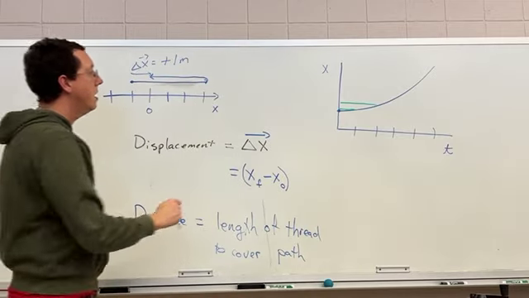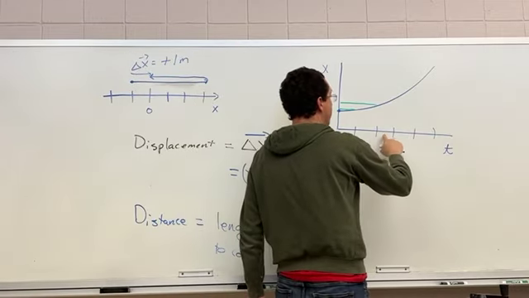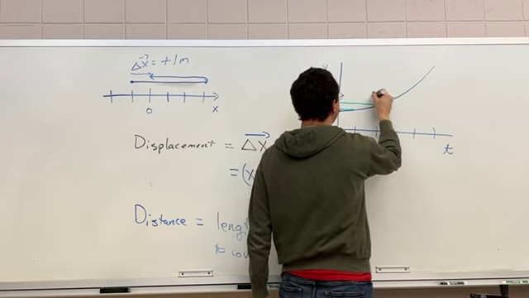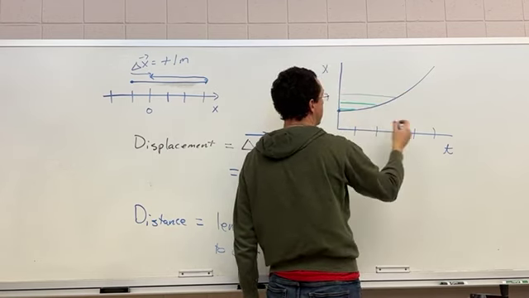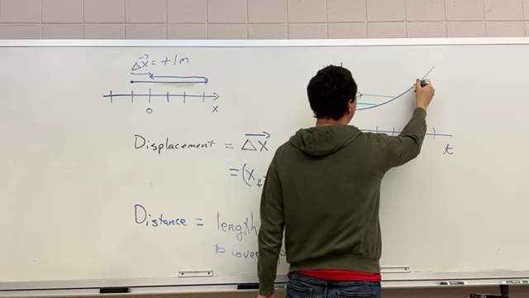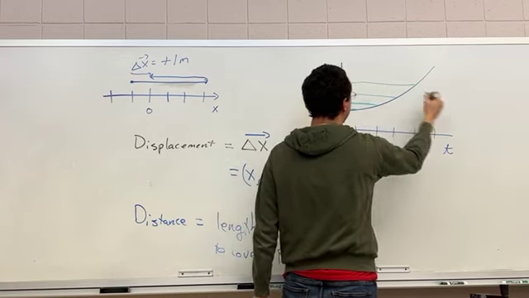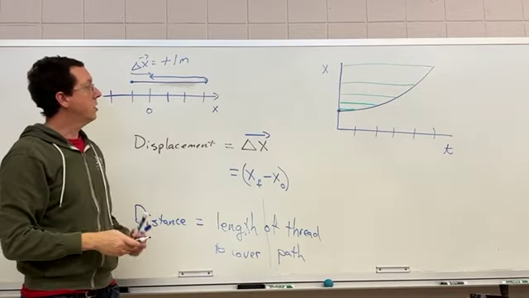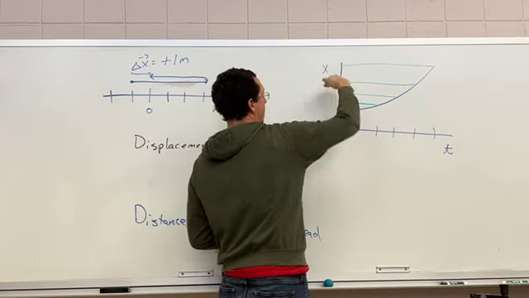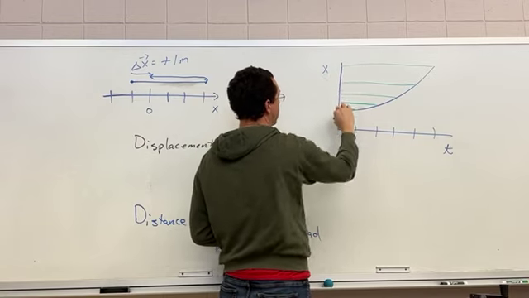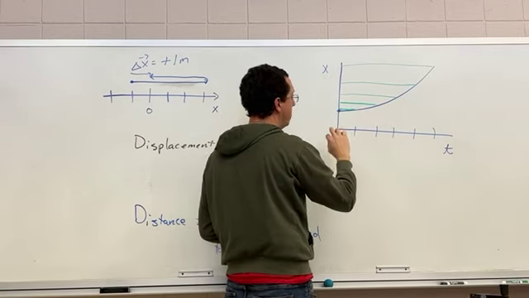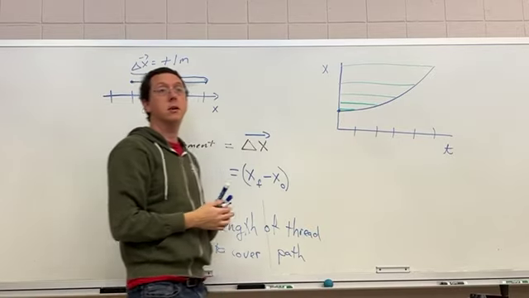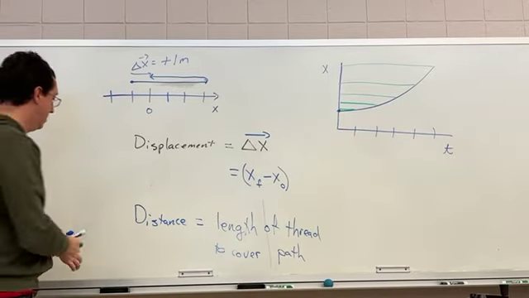From 2 seconds to 3 seconds, I had an even bigger change in position, and then from 3 to 4, bigger. So the change in these heights gives you a displacement between different moments in time. That's how you should think of it.